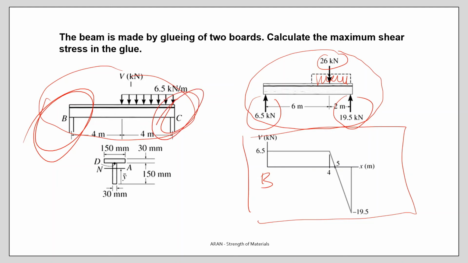In C, the shear force is 19.5. Okay, the point C is the critical point. Why? Because the shear force over there is the maximum. So we have to calculate the shear force for this point and the shear stress for this point.